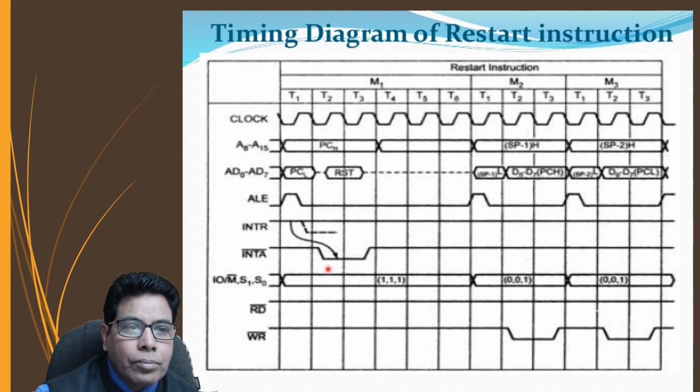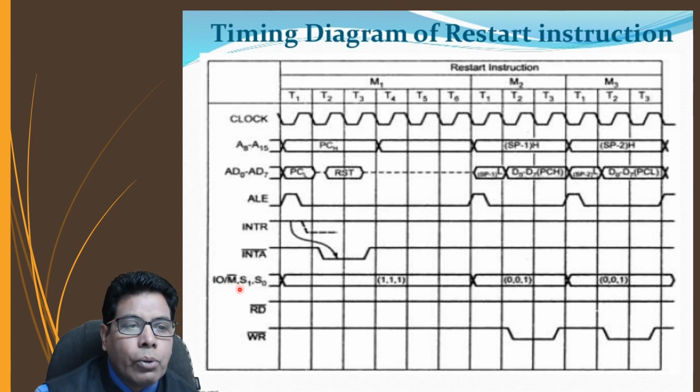So when it is low, at that time only we have the RST code, and then here we have read bar and write bar. So the read signal is high, whereas the write signal will go low.